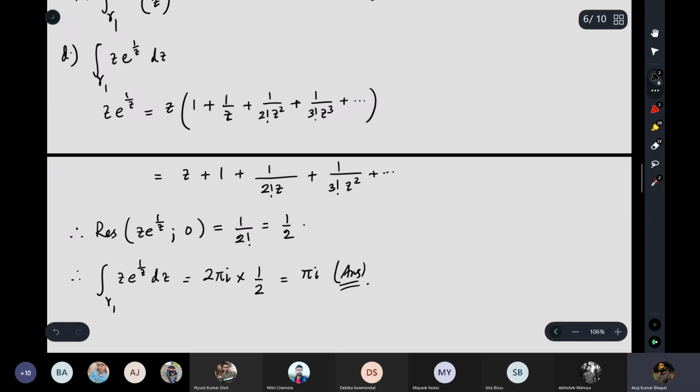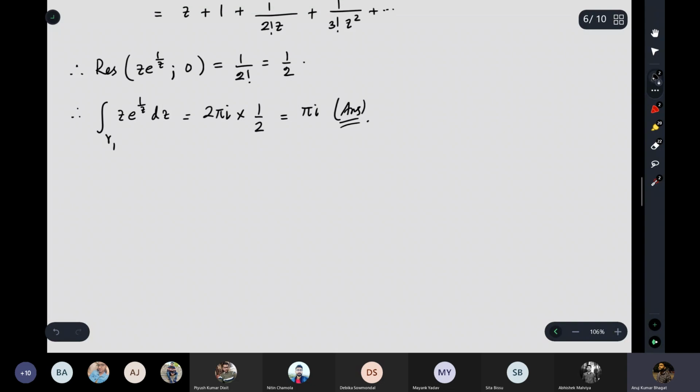Okay, so let me go to number 10. You have to calculate the residue of the function 1 minus e to the power minus z, whole to the power minus n, at 0 and prove that this residue will be 1.